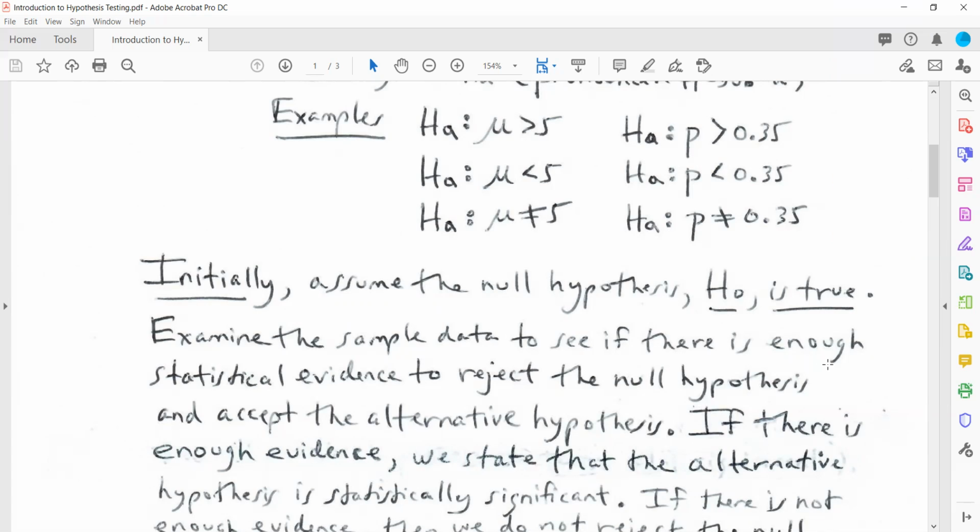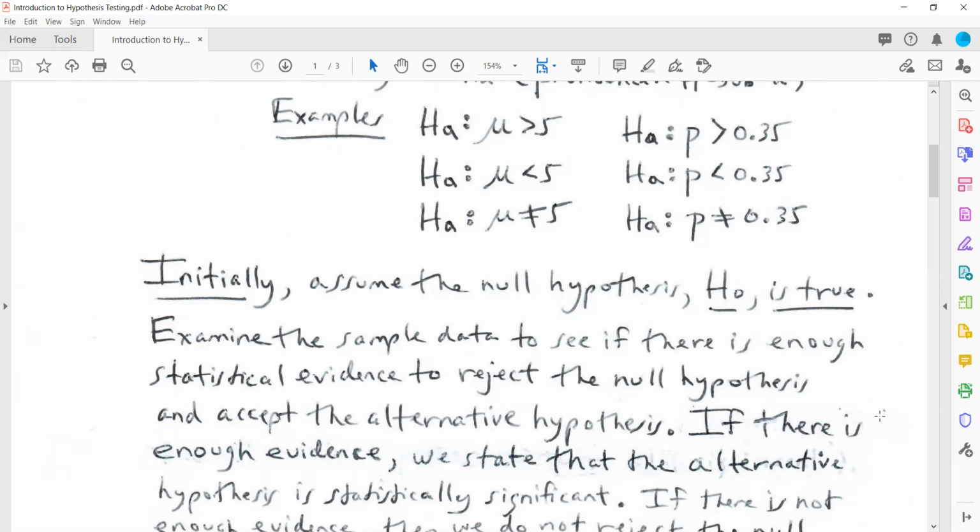Just like in a criminal trial, if you've ever been on a jury, the judge will ask you to assume that the person who is being accused is initially innocent, unless there's enough evidence beyond a reasonable doubt that the person should be convicted. So the null hypothesis in a criminal trial is that the person is innocent or not guilty, and the alternative hypothesis is that the person is guilty.